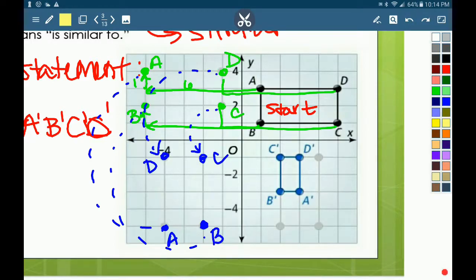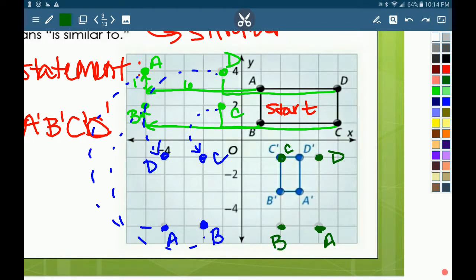So what I can do now is reflect the points that I have so far, which would put C right there. It would put, let's see, D is 4 units away from the y-axis, so D would be here. Okay, and we can see those grayed out points. B would be here, and A would be here.